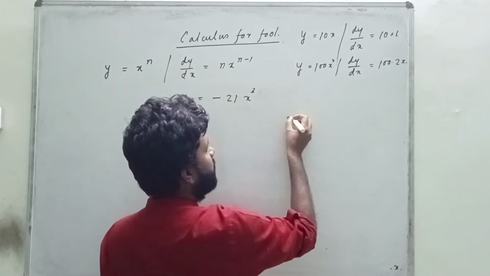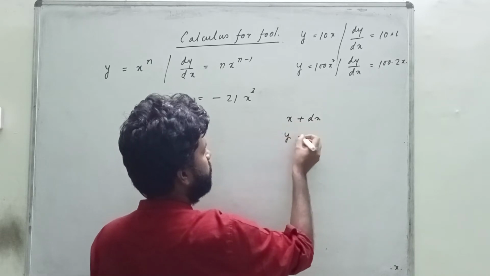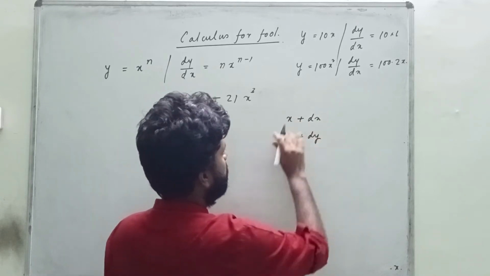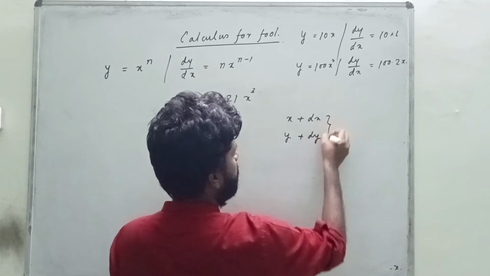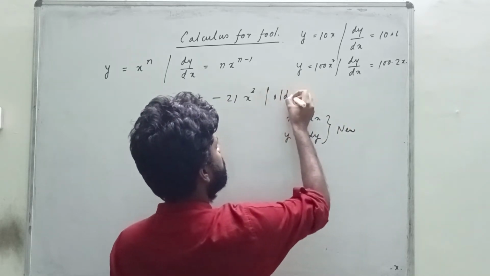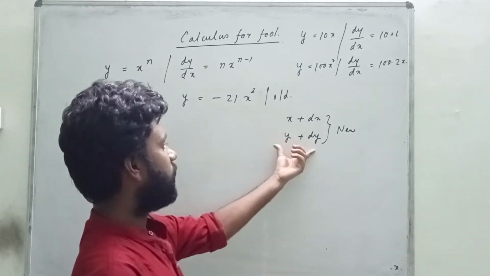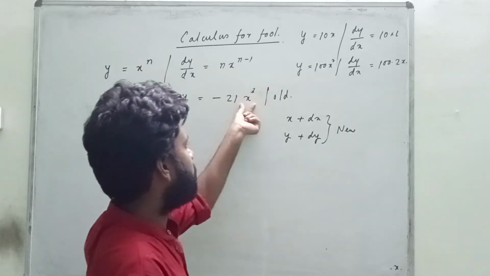The new x becomes x plus dx, and y plus dy is the new y. It is a new condition, and it is our old condition. Just plug in y plus dy instead of y, and x plus dx instead of x.